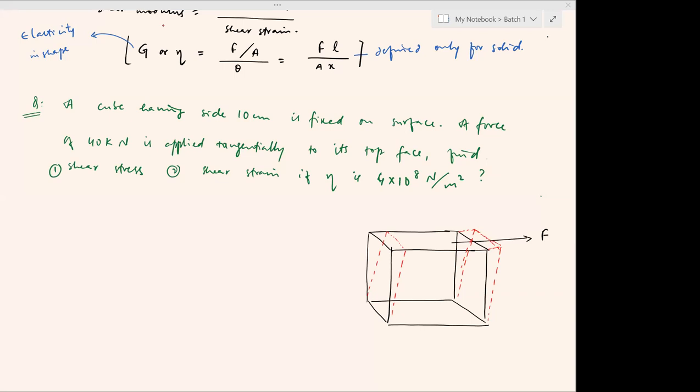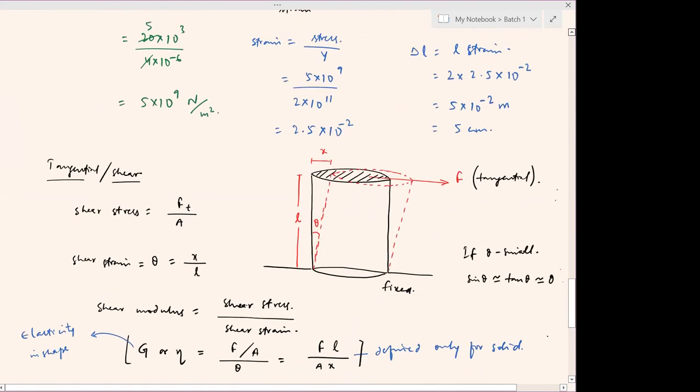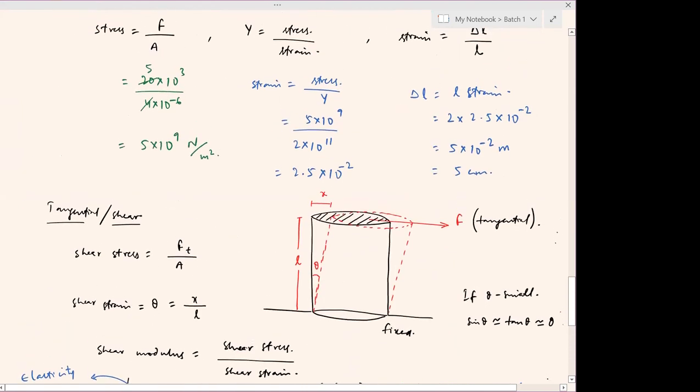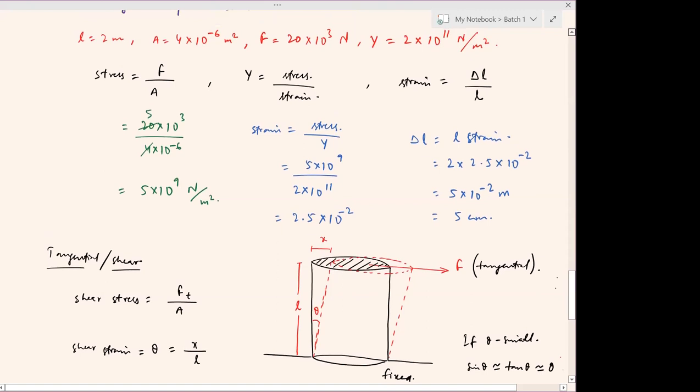Sir, can you show the up part again? Because I had to take a screenshot for Khalid, like the notes part. No, tangential, shear, and that part. Down one.